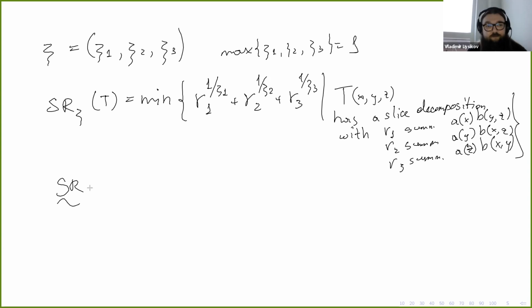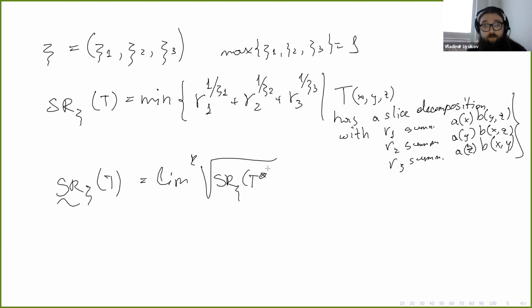And again, we define the asymptotic variant of this rank as this kind of thing. And we were able to prove a similar statement for this kind of slice rank. We proved actually two things.